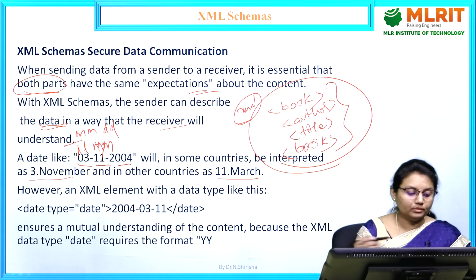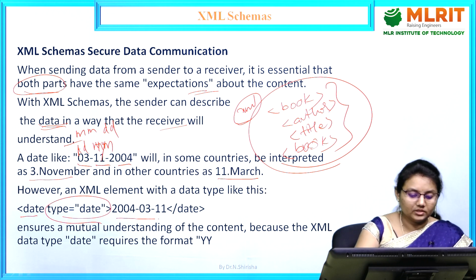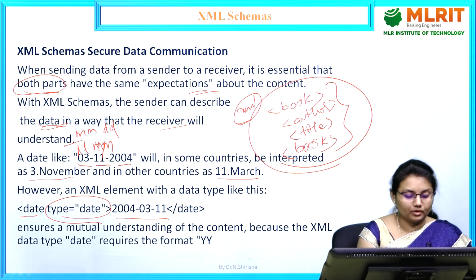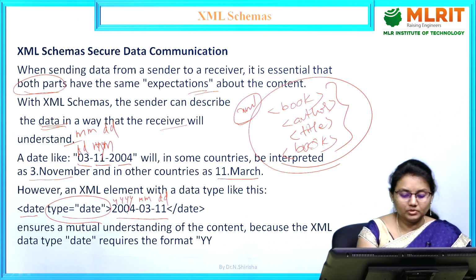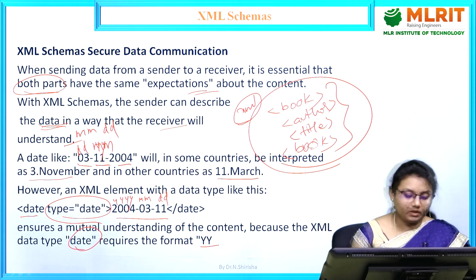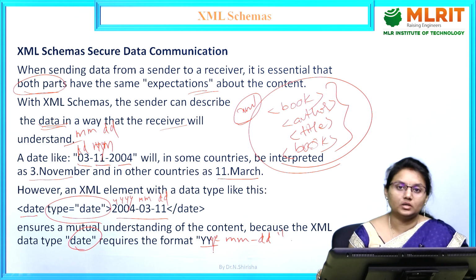So what we do is give type equals date, and then you are sending in the date format: year, month, date, like this you are sending. This ensures mutual understanding of the content, because the XML date type requires the format YYYY-MM-DD.